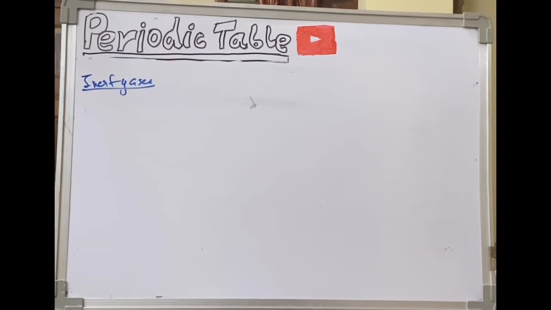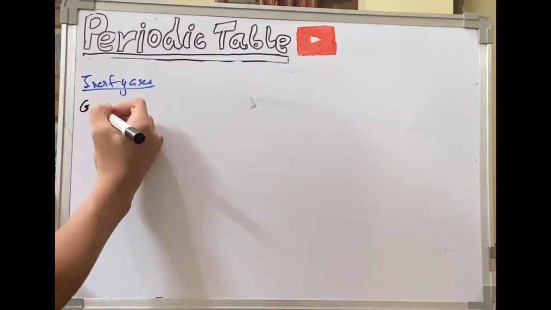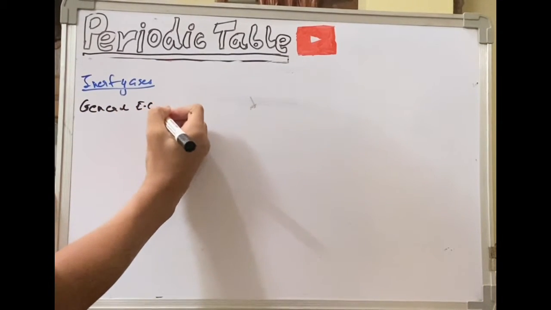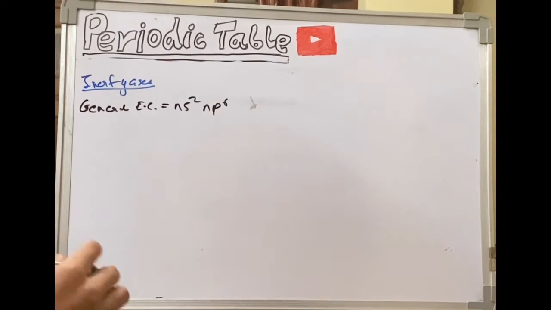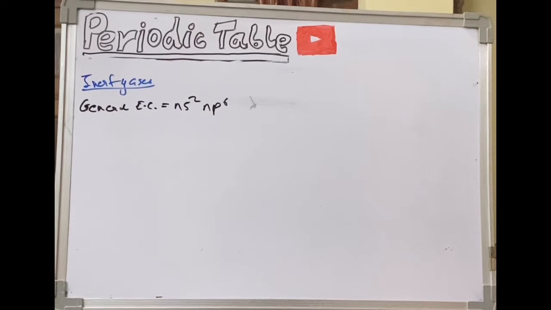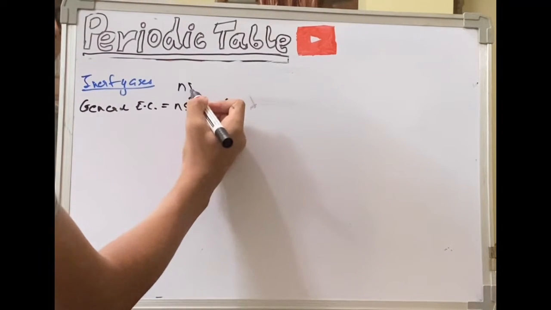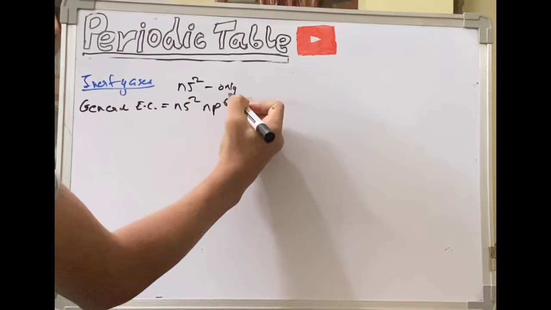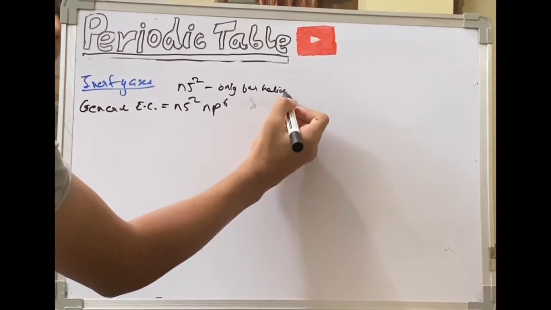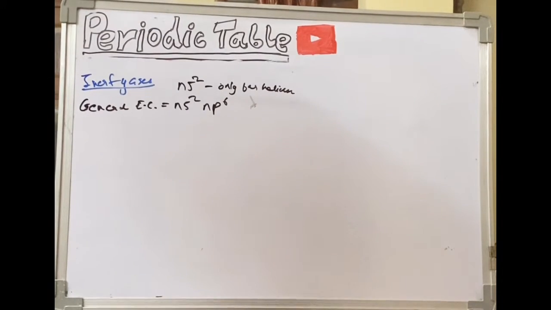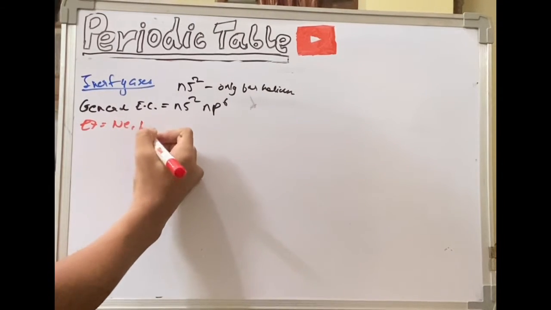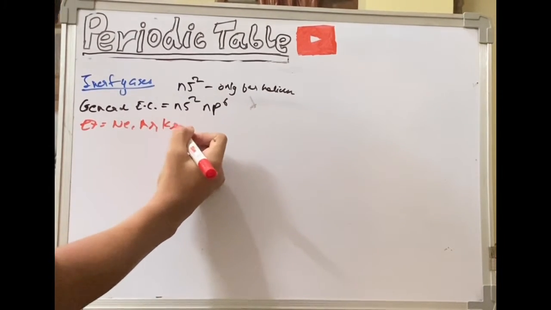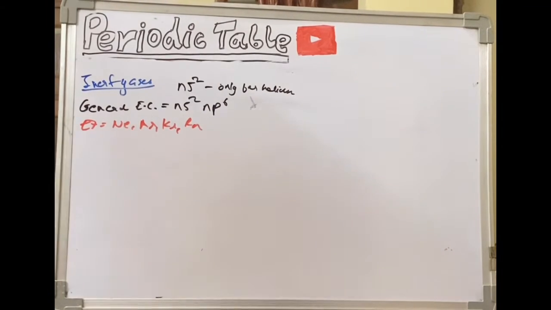So these have a general electronic configuration of ns2 np6, to make them completely stable, electronically stable by the octet rule. For helium specifically, it is ns2, only for helium. A few examples: neon, argon, krypton, radon. These are very easy to understand.